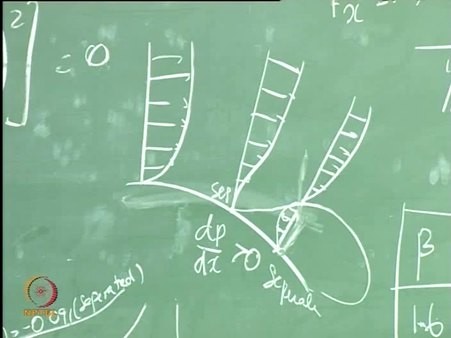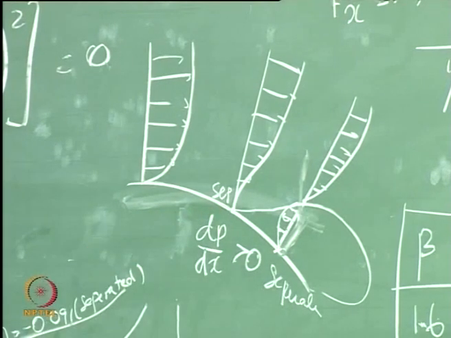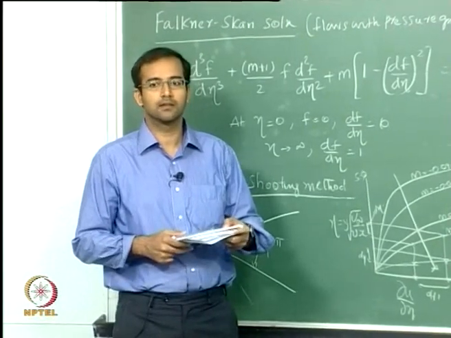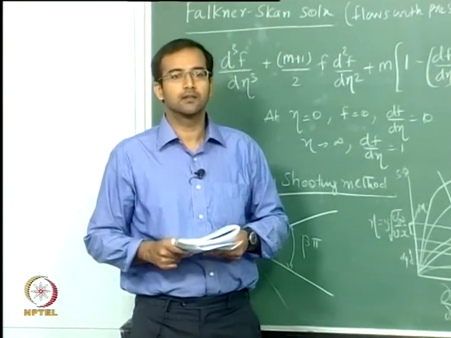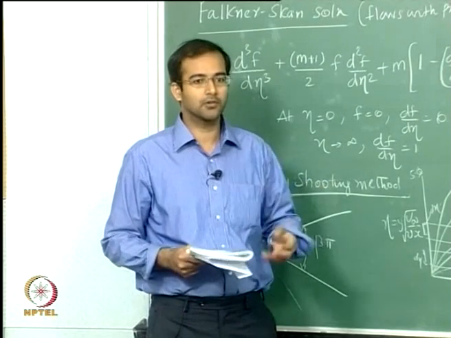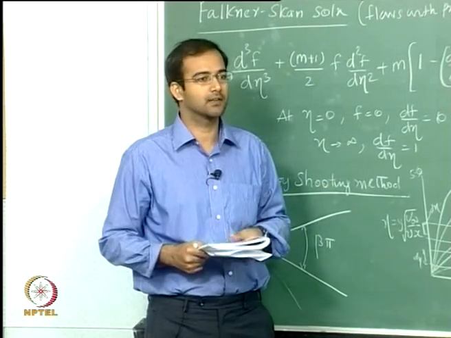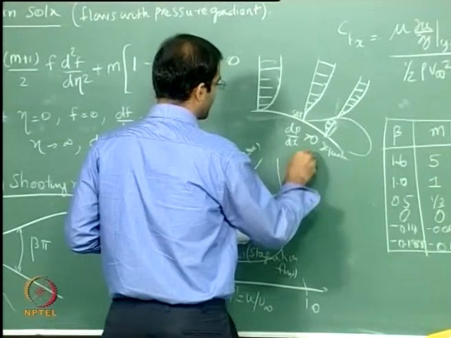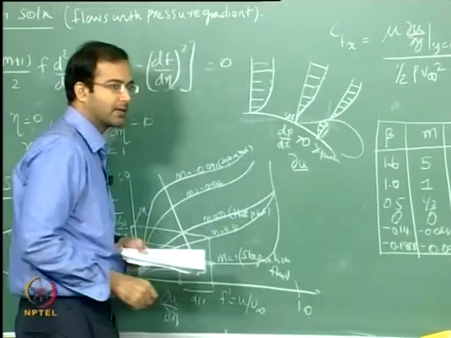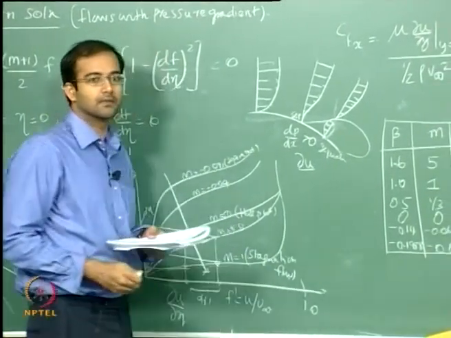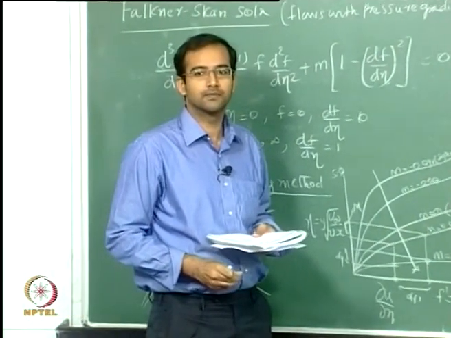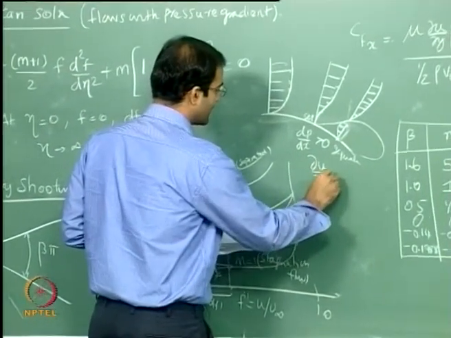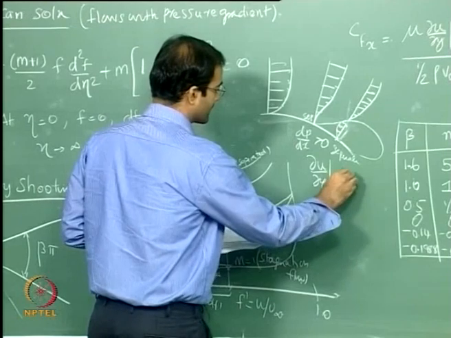Okay, so how do you check that flow has separated or it's about to separate? Huh? What is that? Not curvature. First you go to the first derivative before you go to the second derivative. Du by dy for the separation condition. What is the condition for separated flow? Du by dy at y equal to 0 equals 0.